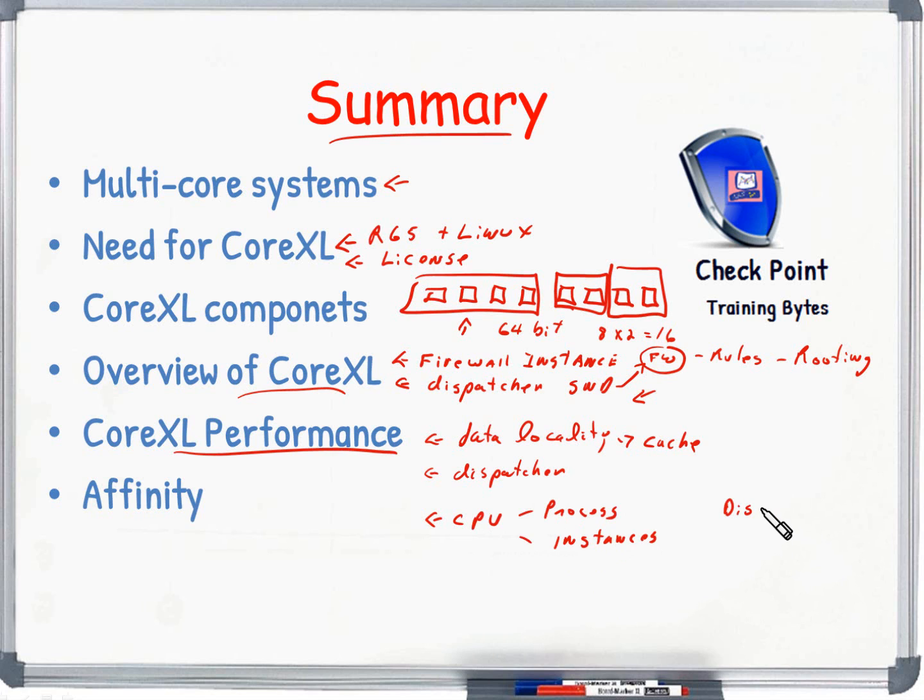I can assign dispatchers to 1 CPU or 2 or 4 CPUs, etc. And also we talked about SIM affinity. SIM affinity is where you can assign different ports to different CPUs. And we also talked about multi-queuing. Multi-queuing is where we assign a specific port to more than one queue that's running on the CPU.